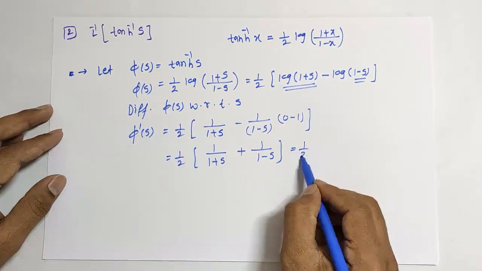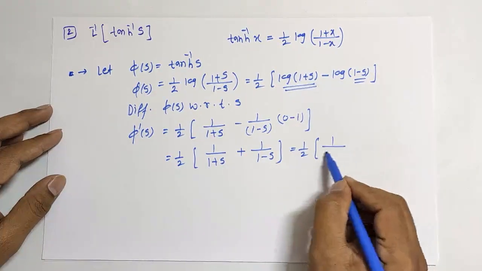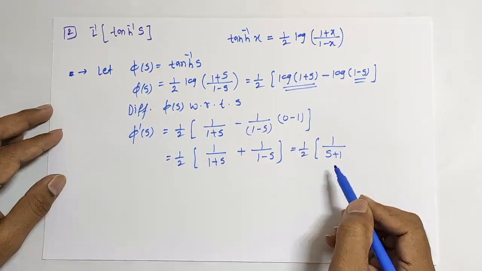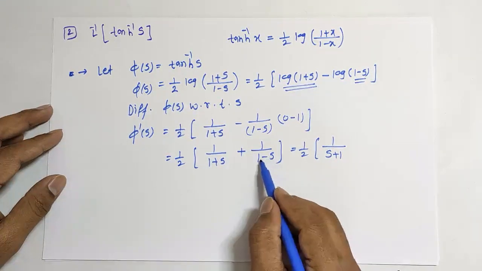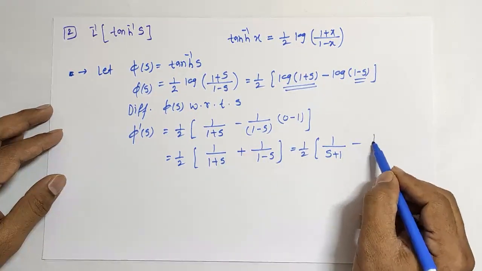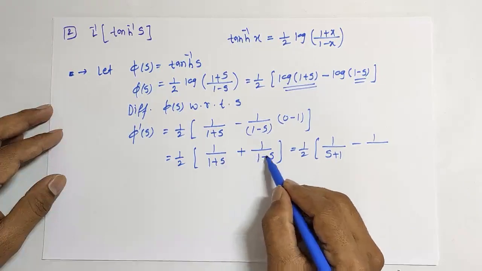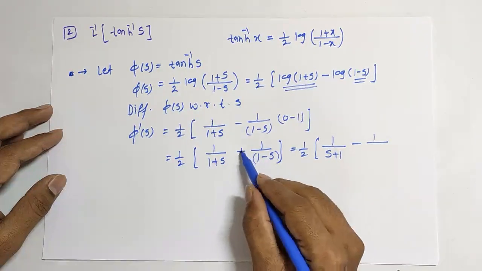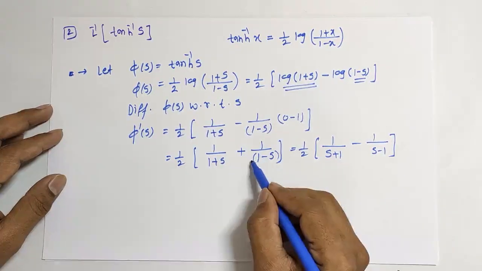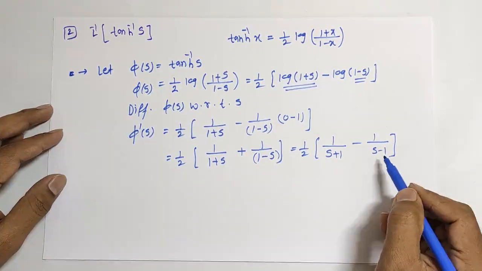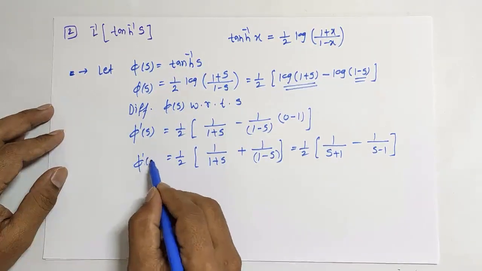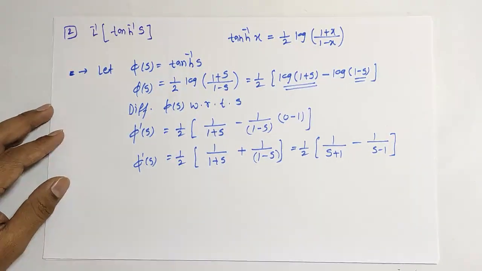So this is equal to 1 by 2 into 1 upon 1 plus s, you write as s plus 1, right? And here also 1 minus s, I want to write s minus 1, so you can take the minus sign common outside, and the plus here becomes minus. So s minus 1, the minus sign goes to the denominator and numerator. So this is the derivative of phi of s.